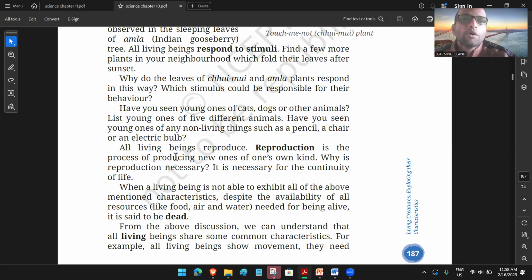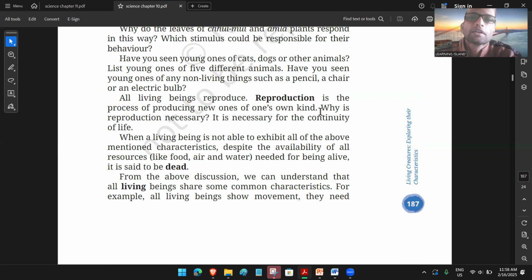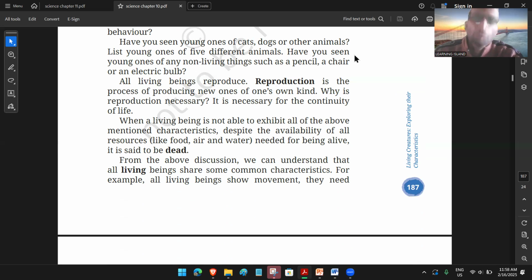Okay. All living beings reproduce. Reproduction is another most important thing. All living beings, including plants, reproduce. What is reproduction? This question comes. Reproduction is the process of producing new ones of one's own kind.